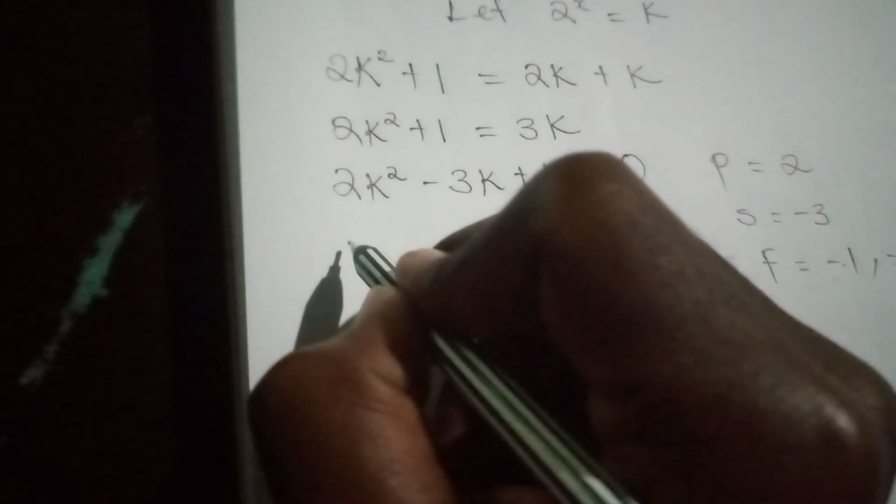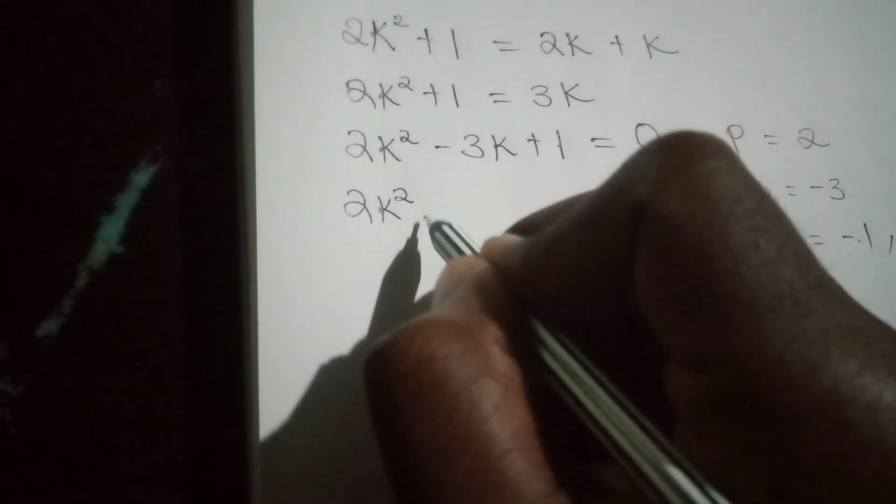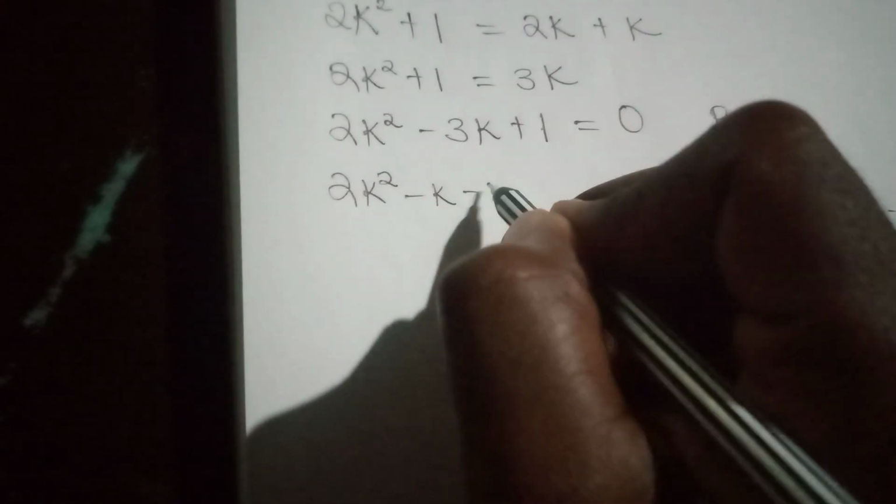So that is 2k square minus k minus 2k plus 1 is equals to 0. You just group them and then you factorize. What is common? That is k.